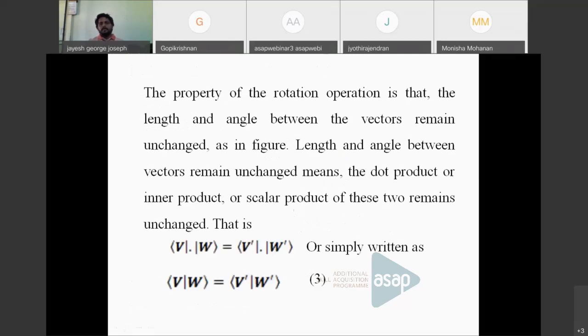The property of the rotation operation is that the length and the angle between the vectors remain unchanged, as you can see from the previous slide.